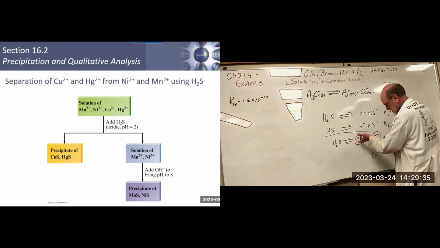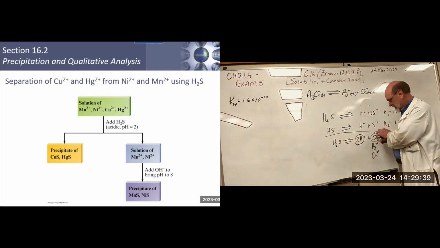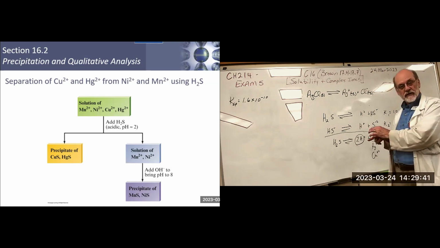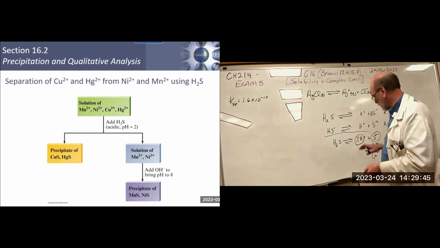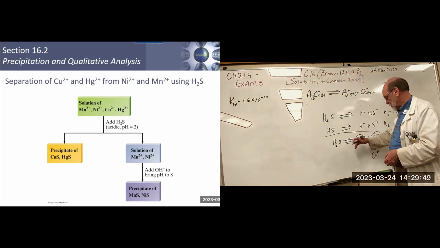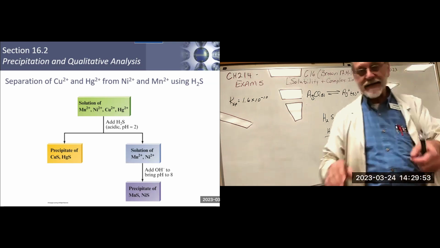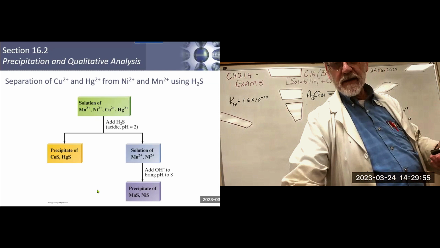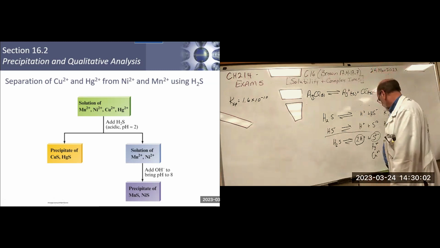If we add this, that's going to go this way and only leave a tiny amount of this one. So that's when we pick up copper and mercury. And then when we add base and neutralize the added acid, we drive the reaction back this way and produce more sulfide, and then the sulfide picks up the manganese and the nickel. Okay, I hope I didn't confuse you too much.